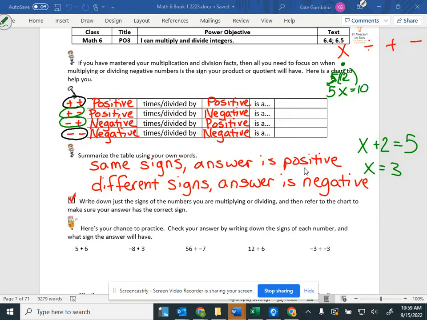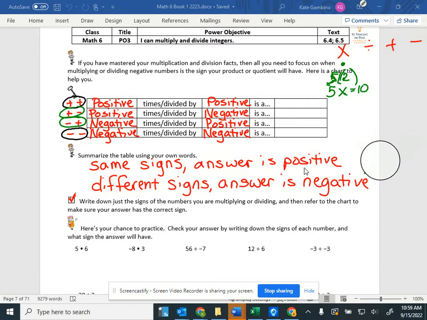So 5x equals 10. 5 times what equals 10? 2. So x would equal 2. So in algebra, when you see stuff right next to something, and you go, well, what am I supposed to do with that? What operation is that? It means you're multiplying. If you see the bullet, it means you're multiplying.